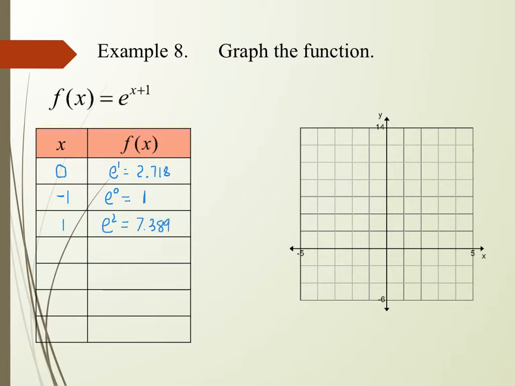That is 7.389, and if we go x equals minus 2, we get e to the minus 1. If we go x equals 2, we get e to the 3. In both of those cases, e to the minus 1 is 0.367.